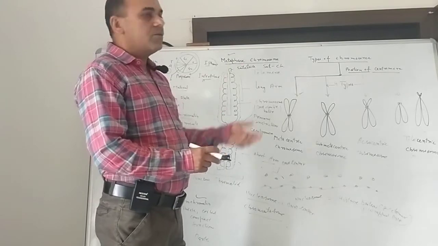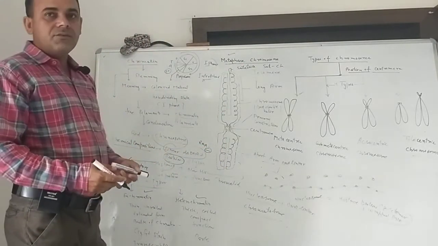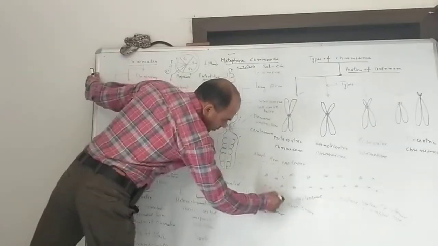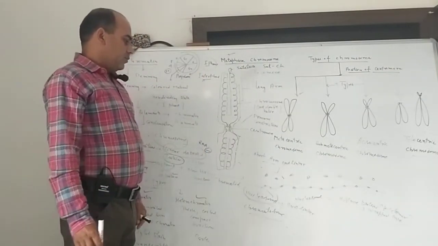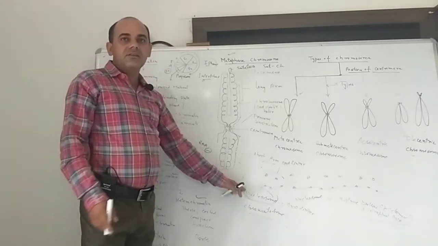Here you can see the position of a centromere. There are 2 more definitions given here. One is called nucleosome, another is called chromatosome. So first of all, what is nucleosome? This concept belongs to class 12, but the definition is given.